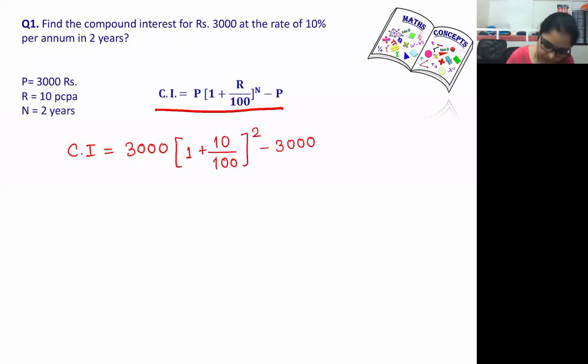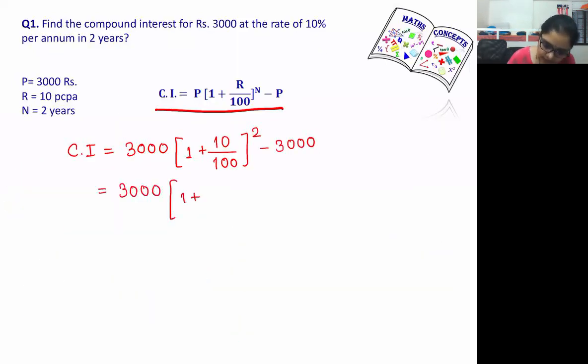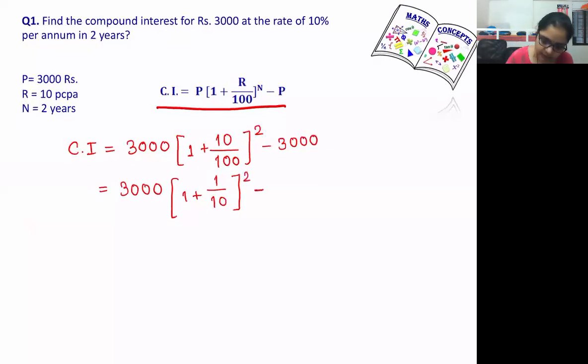Can I write this 10 upon 100 as 1 upon 10? I'll reduce it to the lowest form. Yes. And raised to 2 minus 3000 again.